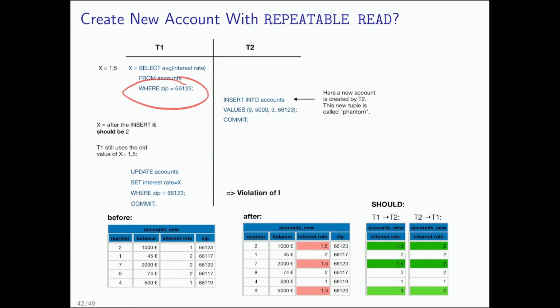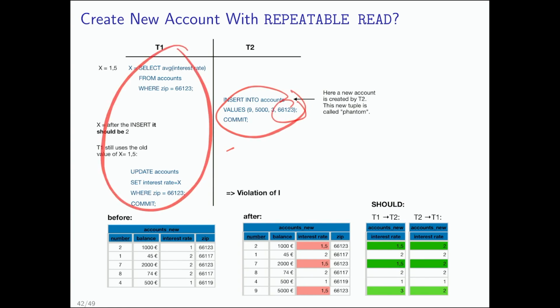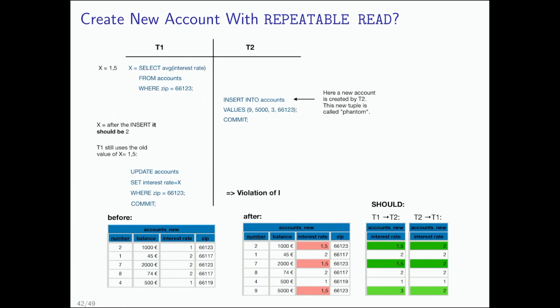So everything with zip equals 66123. Now this means when you do an insert, you have to check whether the tuple you want to insert violates any of those predicate locks. And that is the case. That would violate the predicate lock. So that would mean here you have to wait. T1 completes processing, returns its locks, and then T2 continues processing. So that would have been equivalent to T1 first and then T2. That's what you get under serializable isolation level.